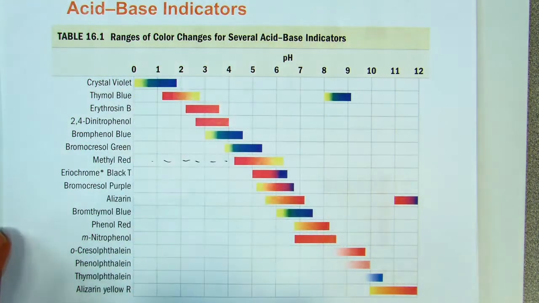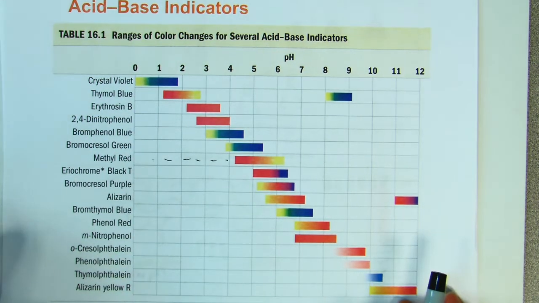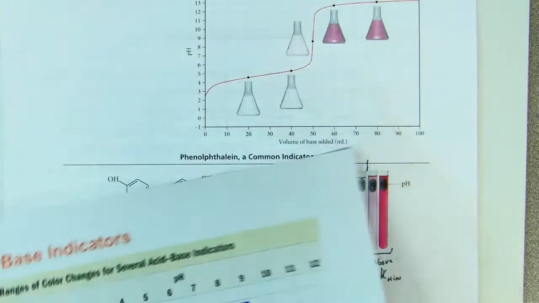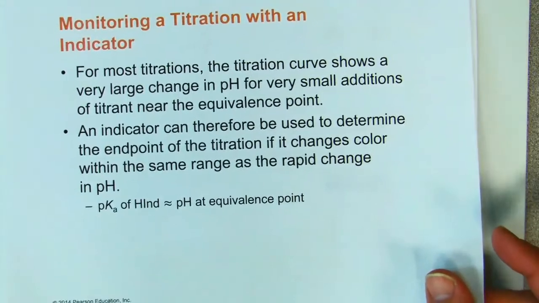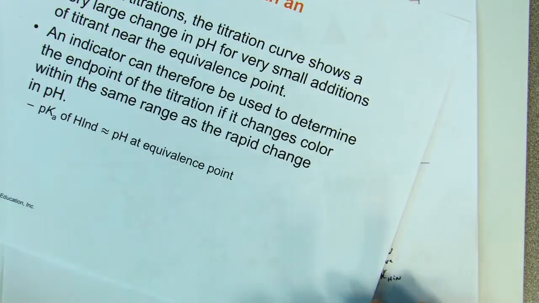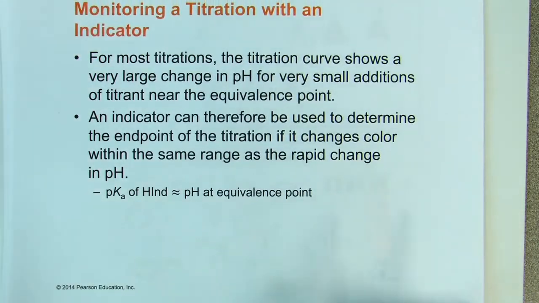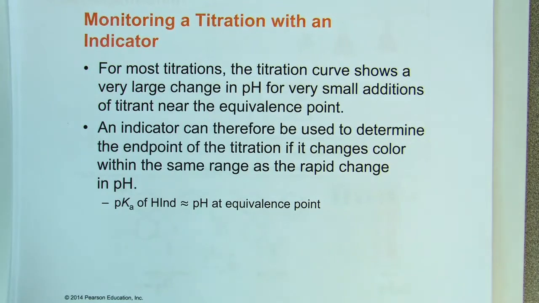Fortunately, there's many different acid-base indicators available to us. And the reason why that's fortunate is because we usually use these acid-base indicators for a particular purpose in lab. And that's for monitoring a titration reaction. If you're doing an acid-base titration in lab, you usually have absolutely no way to tell when the titration's done.